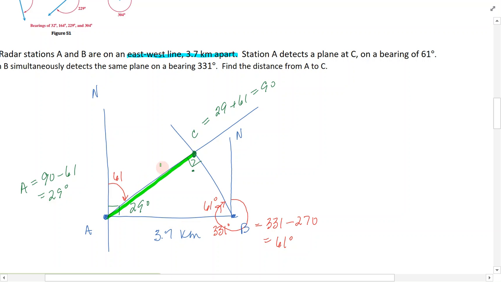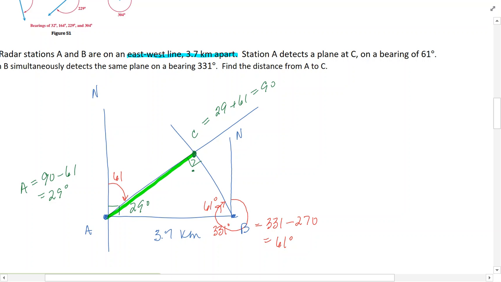And I want to know what is this value here. Now, which of these two angles we choose would depend on whether we're going to use an adjacent side or an opposite side.